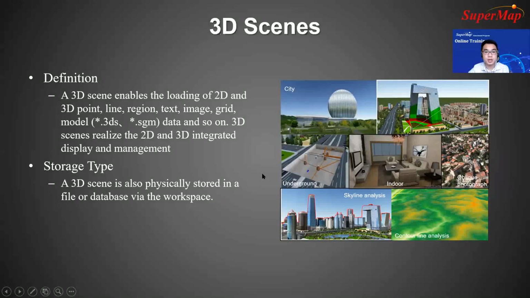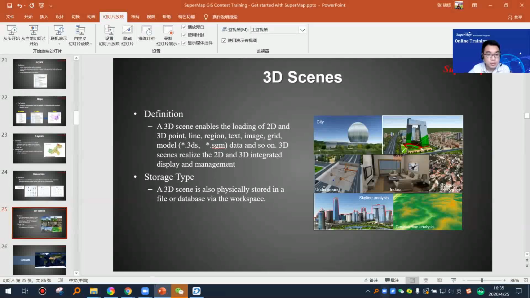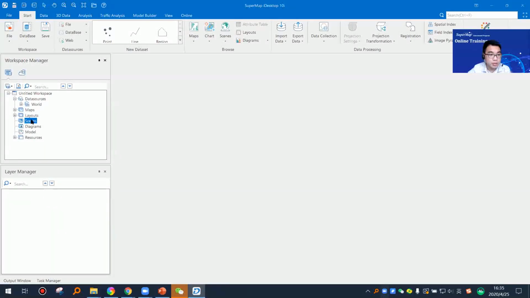And also the next one, the 3D scenes. Actually from here you can see that the 2D maps are saved in the maps route, but the 3D scenes are saved in this route. So this is the difference.